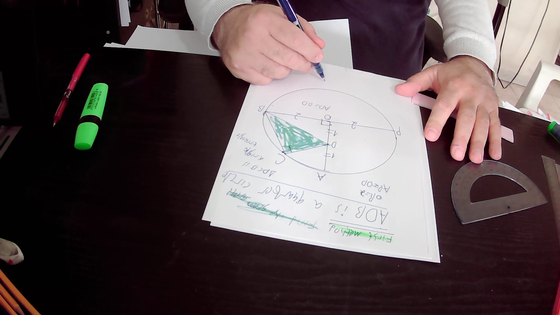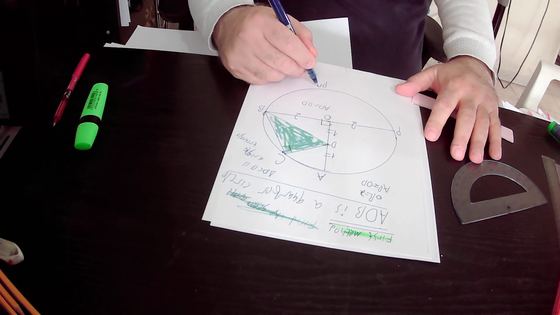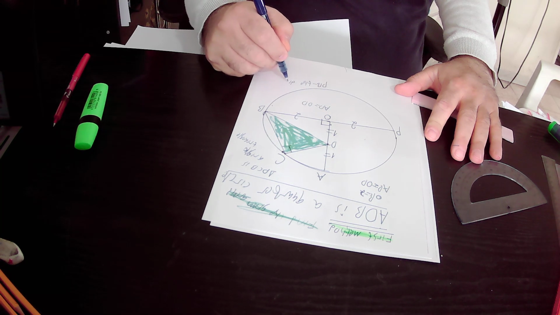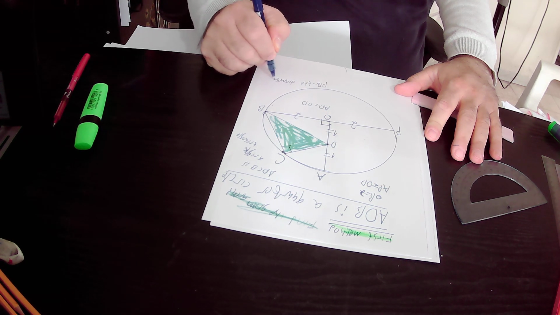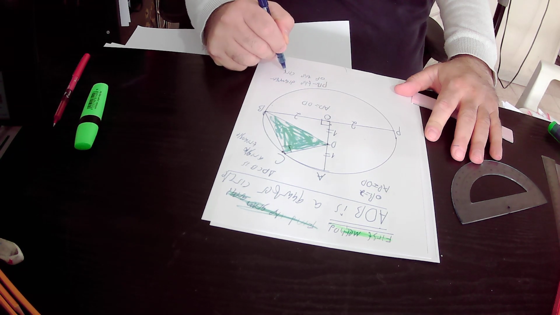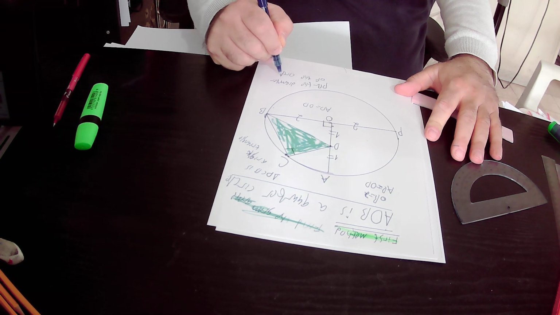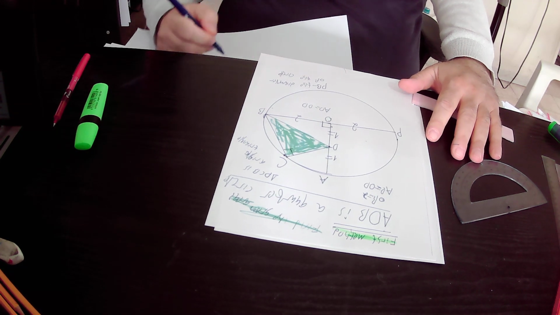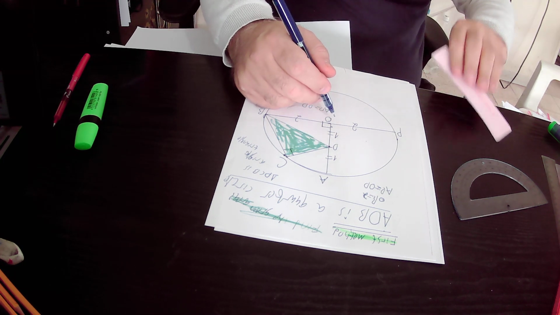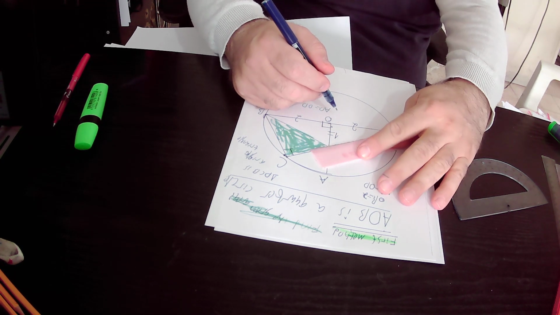So PB is the diameter of the circle. Here we will extend side CD by a straight line until it touches the circle.